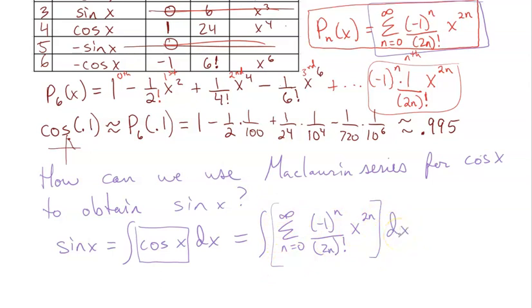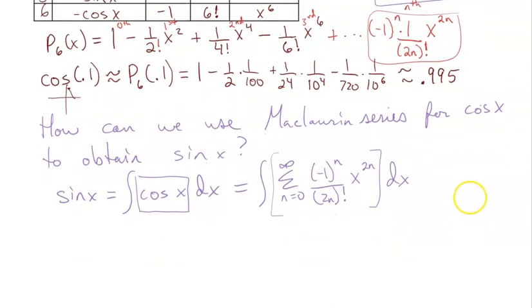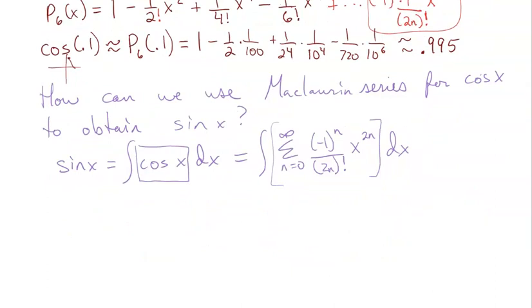And because 9.7 says we can integrate on a term-by-term basis, or we can integrate the nth term, that gives us the sum from 0 to infinity of -1 to the n over 2n factorial.